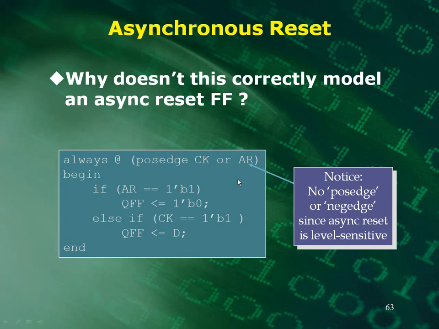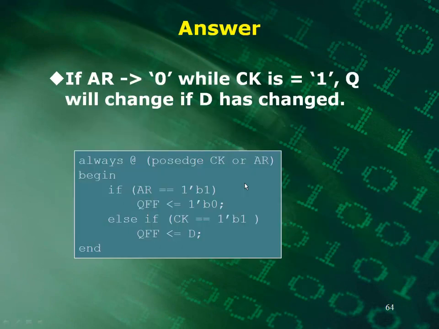Okay, so here's another example to think about why this doesn't correctly model an asynchronous reset flip-flop. In this case, we've said, okay, well, on either edge. Maybe I'll draw it out for you.